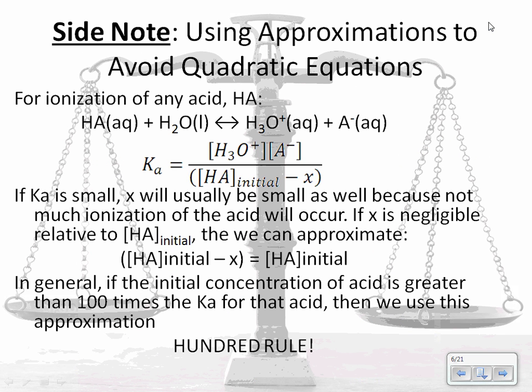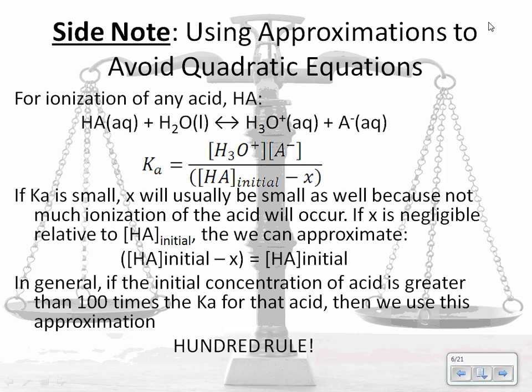Sorry. So again, your side note, using your approximation to avoid quadratic equations. The second you have a quadratic, always check to see if you can use your 100 rule. So for any ionization acid, this is going to be your Ka expression. You'll always have 2 X's on the top, then you'll have your initial concentration of HA minus X. And that ends up giving you a quadratic. But look here, if Ka is small, X will usually be small as well, because not much ionization of the acid will occur.